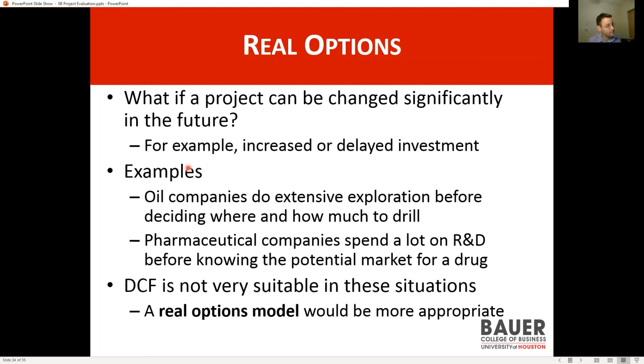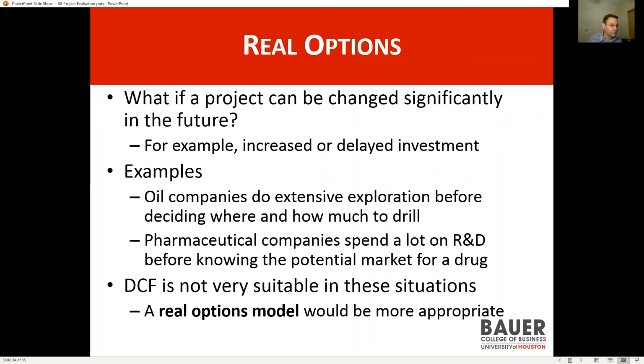Another situation would be when you ramp up your investments. So for example, oil companies do exploration to see where to drill. Oil companies don't just say, I'm going to go in this field, and I'm going to drill. Right? They do lots of little initial investments, and then they decide when to ramp up their drilling.